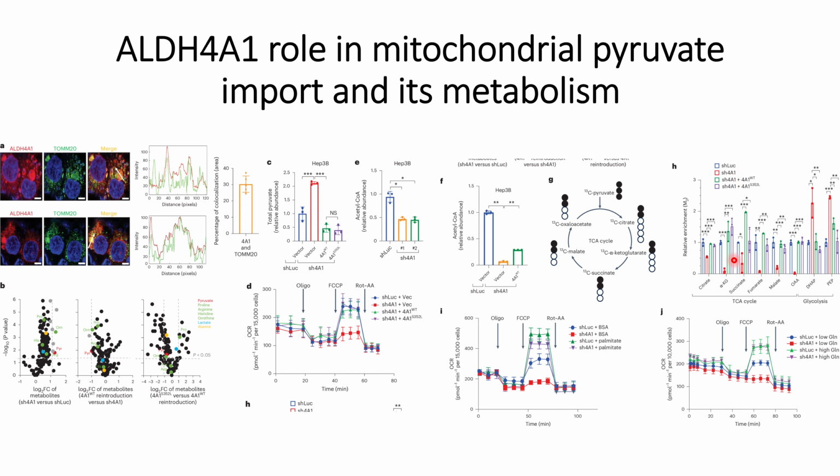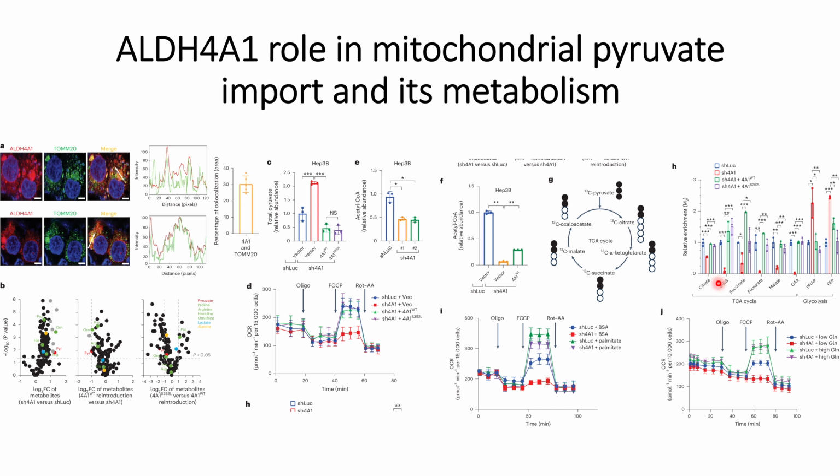When it is knocked down, they see a decrease in the other components of the TCA cycle, but when it is reintroduced in either form, they see a regaining of those factors, comparable to the control.